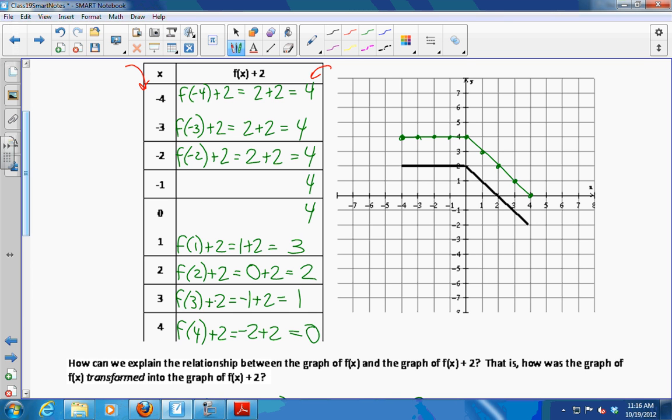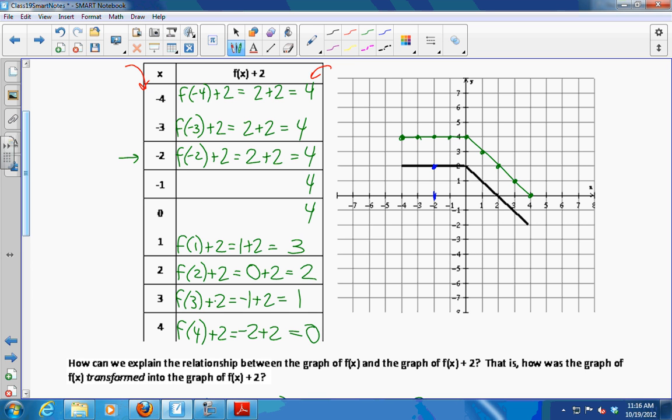Right here. So I had to plug -2 into f first, and then the output of that is what I added 2 to. So f of -2, if I look at this black line here, f of -2 means find an x value of -2, give the y value, which is +2.